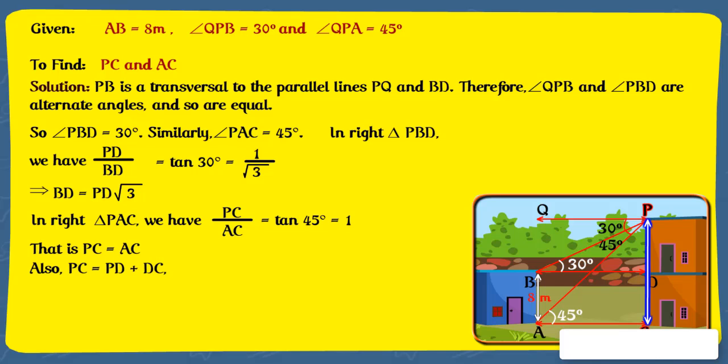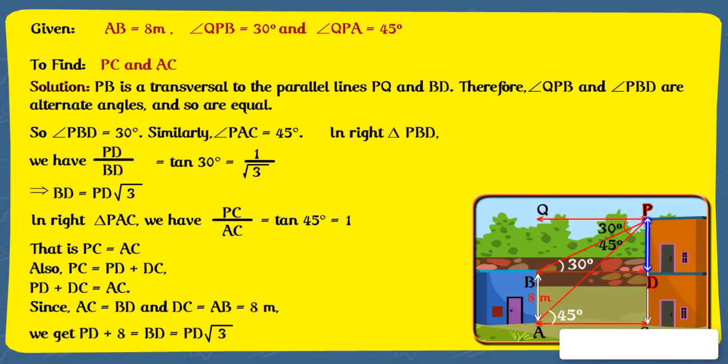Also, PC is equal to PD plus DC. Therefore, PD plus DC is equal to AC. Since AC is equal to BD and DC is equal to AB is equal to 8 meters, we get PD plus 8 is equal to BD is equal to PD root 3.